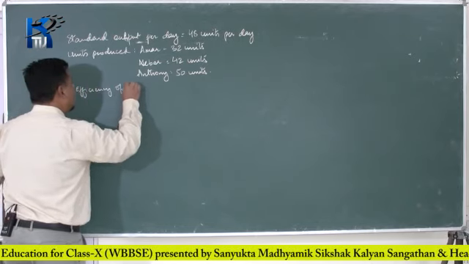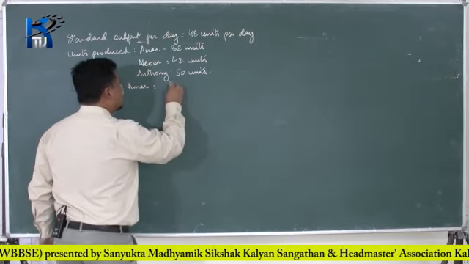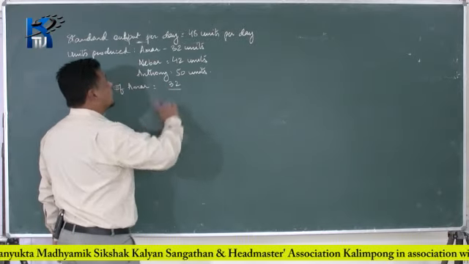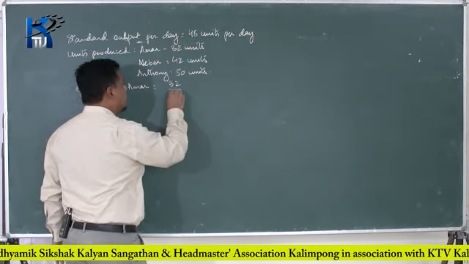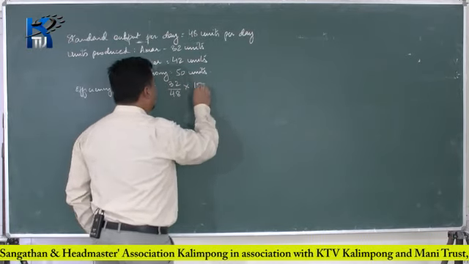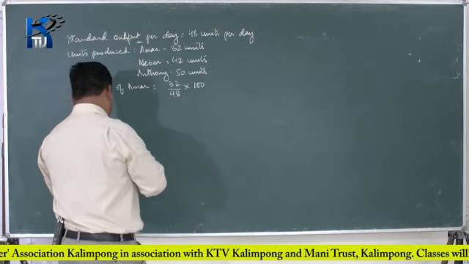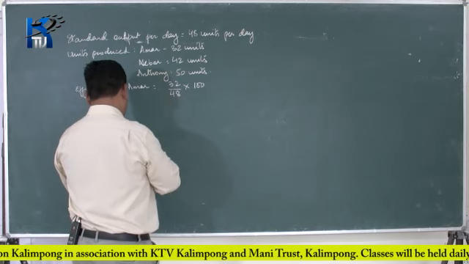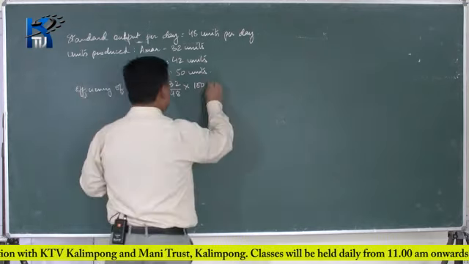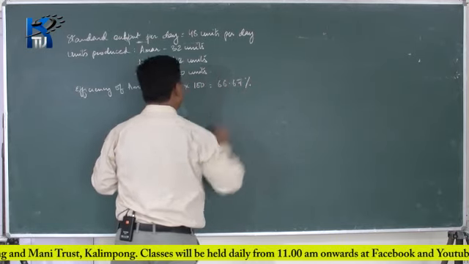Efficiency of Amar: Amar produced 32 units, divided by the standard production 48, into 100. So it amounts to 66.67%.